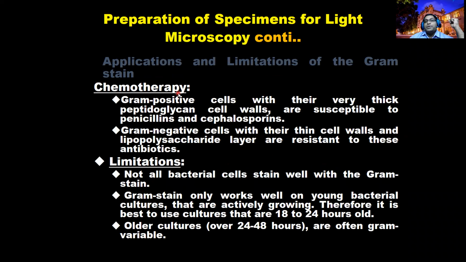So now the chemotherapy application and limitation of the gram stain. In chemotherapy, the gram positive cells with very thick peptidoglycan cell walls are susceptible to penicillin and cephalosporin, certain antibacterial drugs, which we call antibiotics. Whatever penicillin, tetracycline, amoxicillin, everything you take as an antibiotic now.